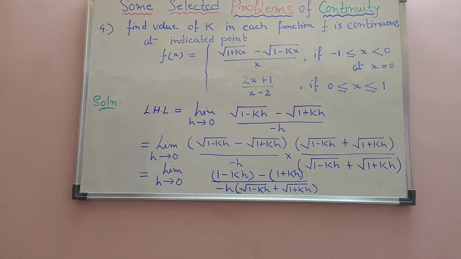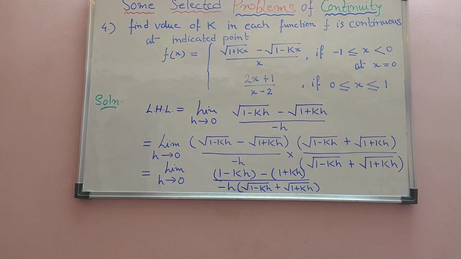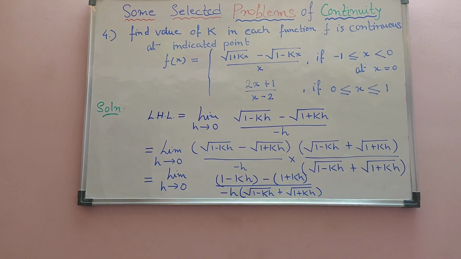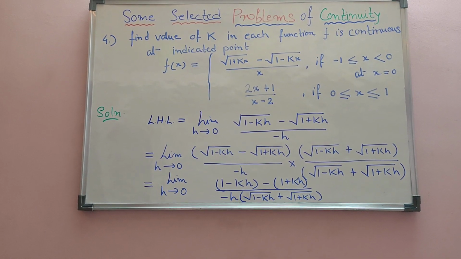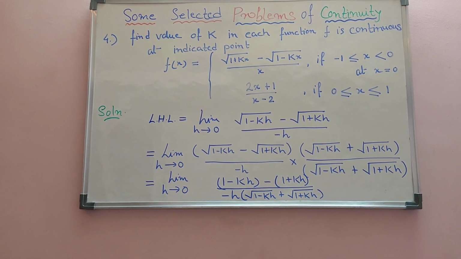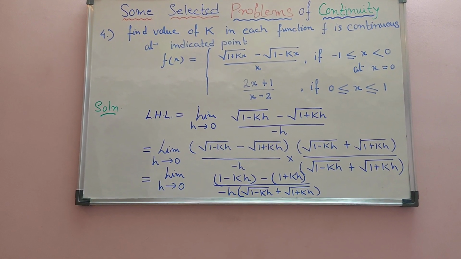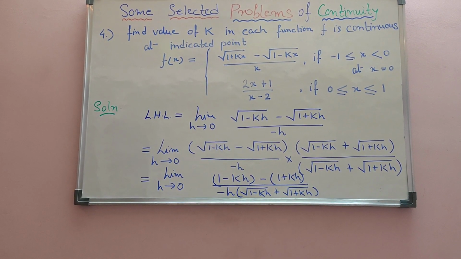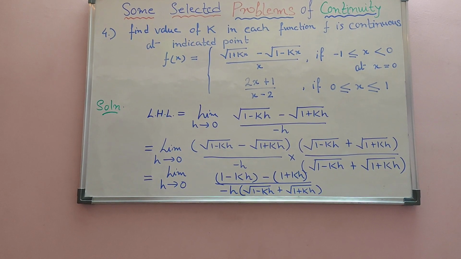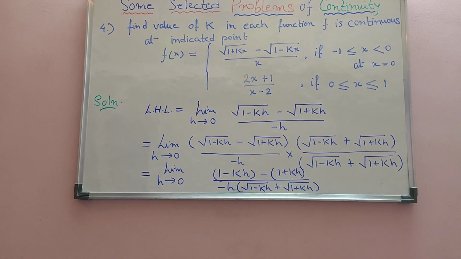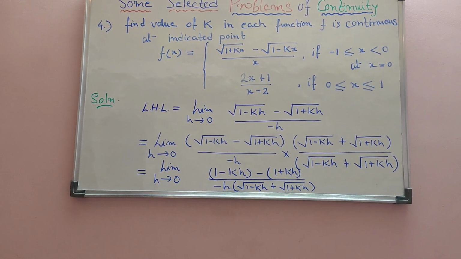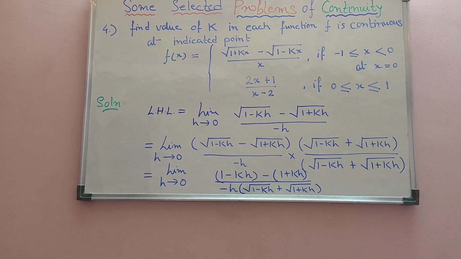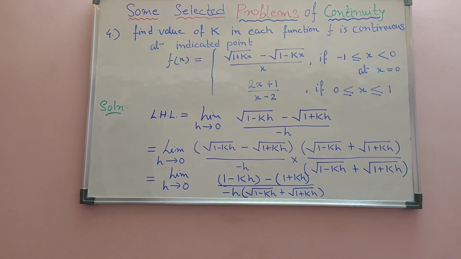After that, it becomes just like the formula of a minus b into a plus b, which we know in algebra becomes a square minus b square. Using that formula, the square roots are cancelled out. It becomes 1 minus kh minus of 1 plus kh upon minus h into square root of 1 minus kh plus square root of 1 plus kh.